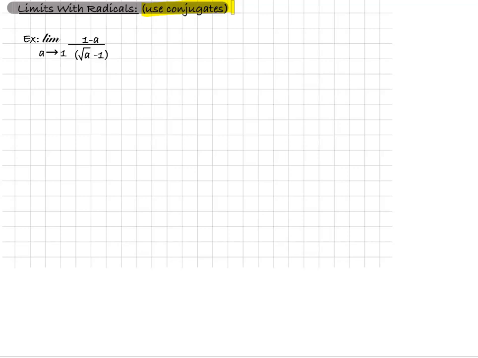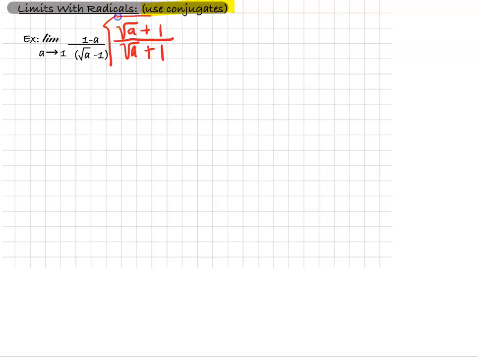So when you have that radical in there, we are going to multiply by a special 1. Since this problem does not have an equal sign in it, I have to make sure I'm only multiplying by a 1 so that I don't change the value of the problem. So that special 1 is the square root of a plus 1 over the square root of a plus 1.